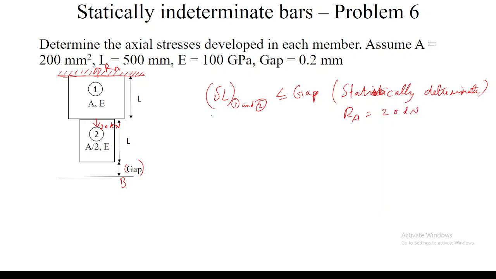But what happens if delta L is greater than this gap? Do you think any reaction will arise at point B?